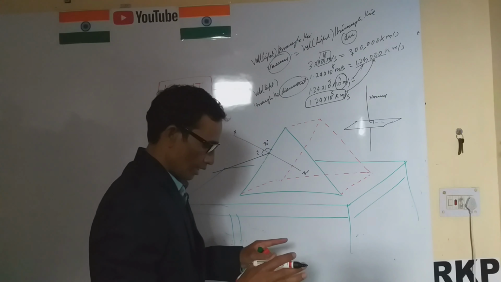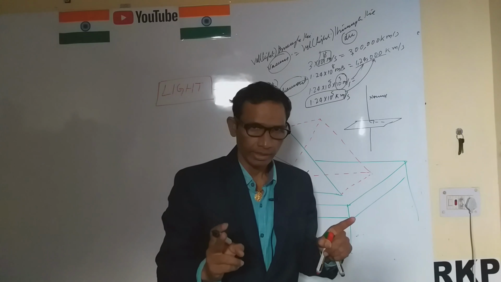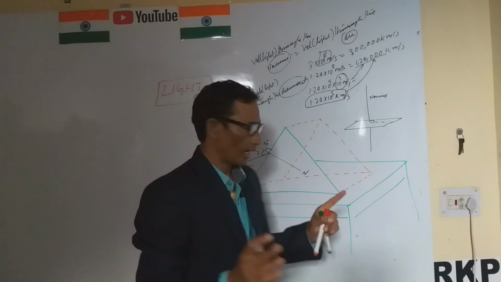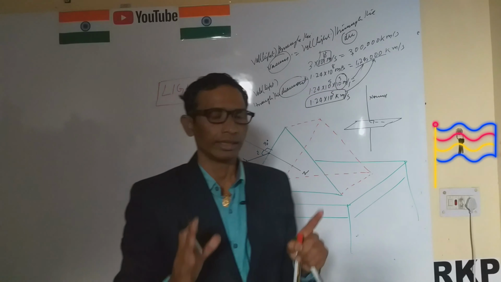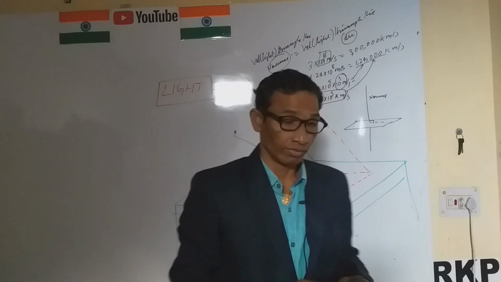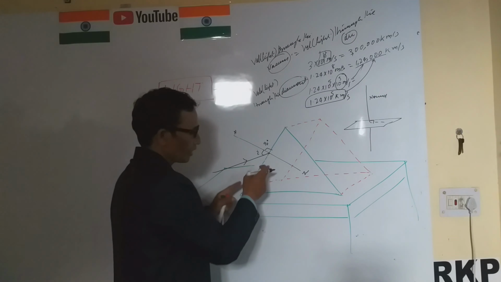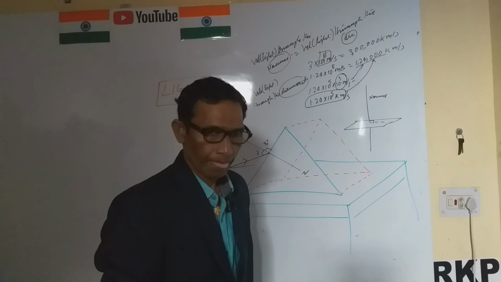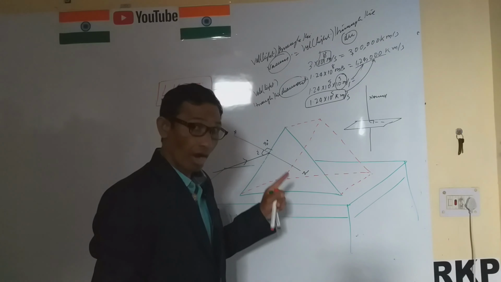When the light travels from the rarer to the denser medium, the incident ray and the normal make an angle. That angle is called the incident angle. It is represented by i, and it is always greater than the refracted angle in the denser medium, because the light is traveling from the rarer medium.